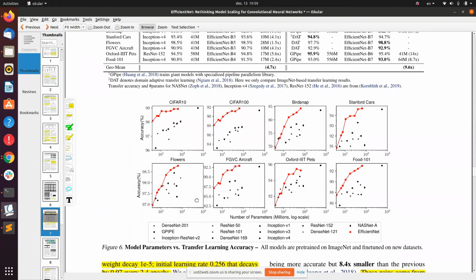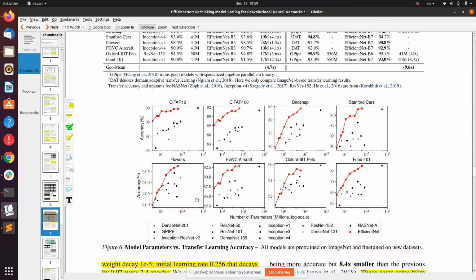And this picture talks about the different data sets and how the model parameters transfer. Here they have done transfer learning in the second section, and they plotted the number of parameters against the accuracy.